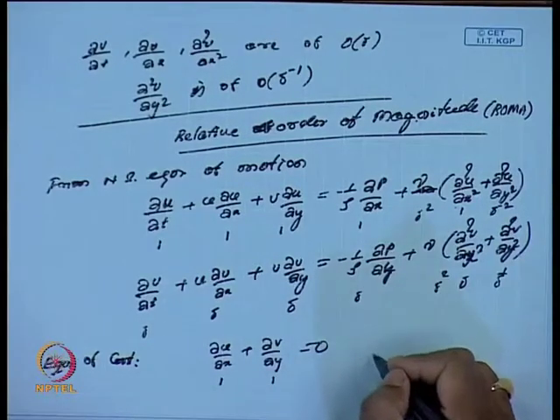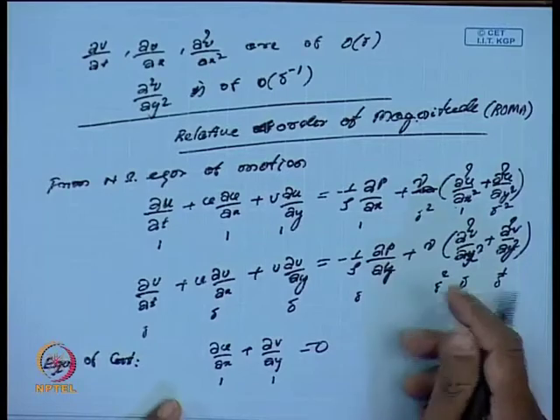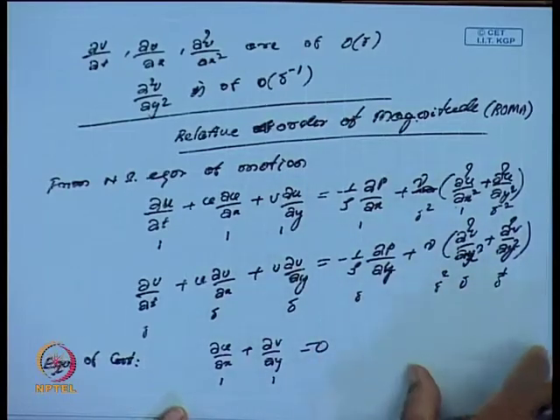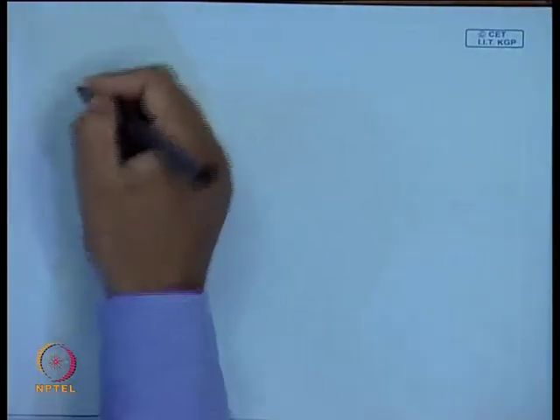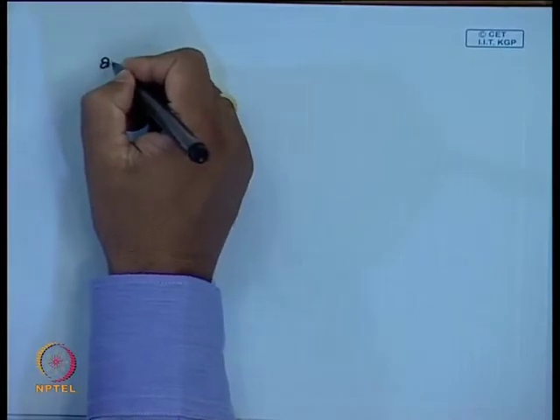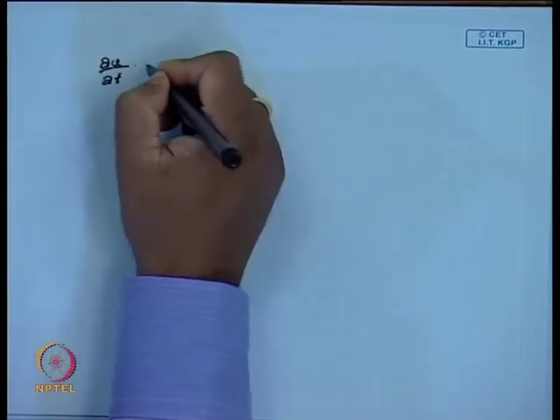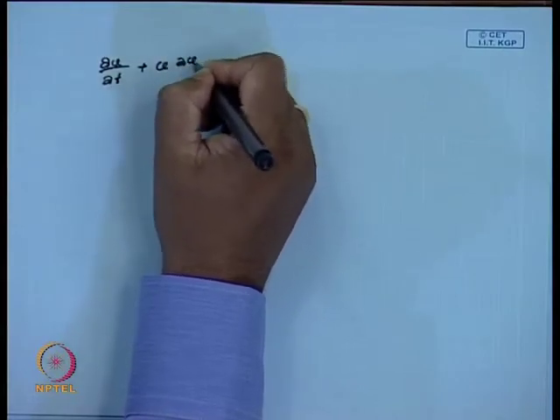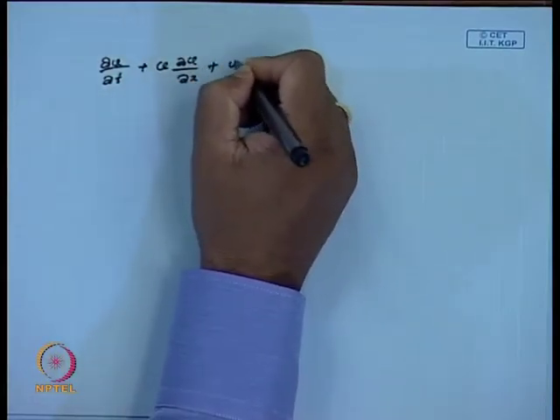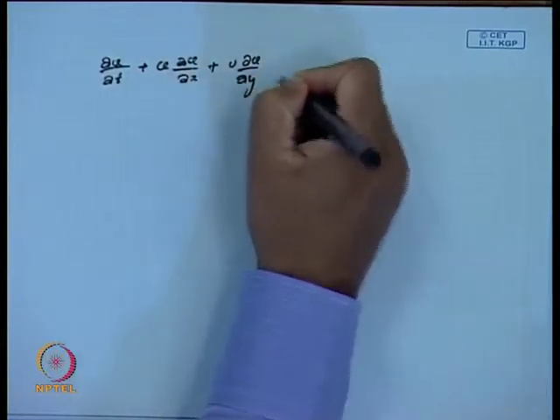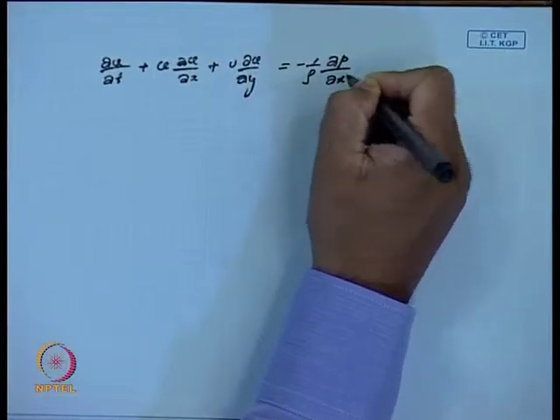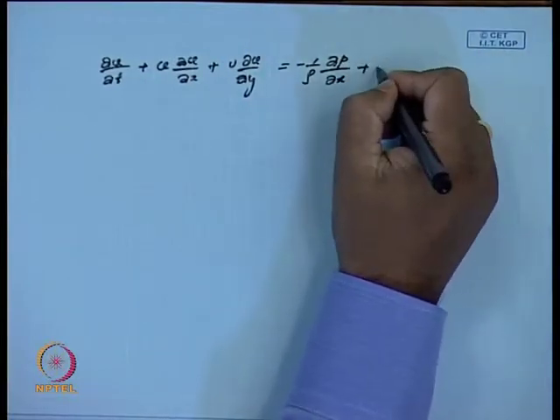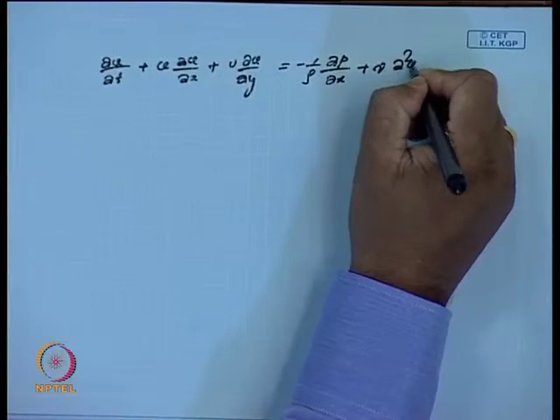So, if I consider only the terms which are of order 1, then what will it give me? That will give me the x component of the velocity: del u by del t plus u del u by del x plus v del u by del y is equal to minus 1 by rho del p by del x plus nu del square u by del y square.